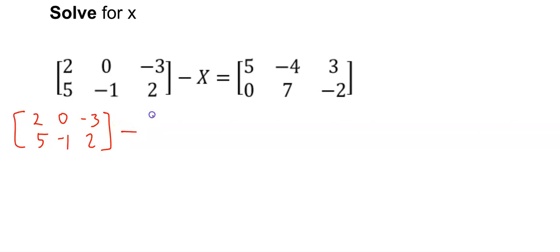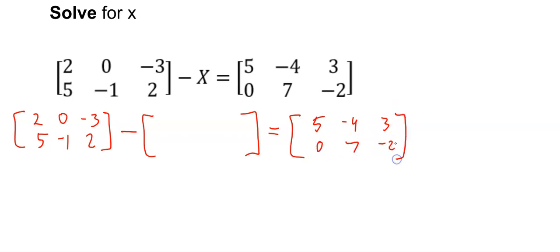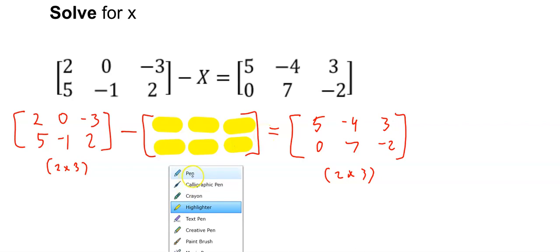And you're going to subtract another matrix from that, and you're going to get this other matrix, 5, -4, 3, 0, 7, -2. The dimensions of this matrix, by the way, are a 2 by 3. This one is a 2 by 3. So one thing we know about this matrix that we don't know yet is it's definitely going to be a 2 by 3 matrix there.